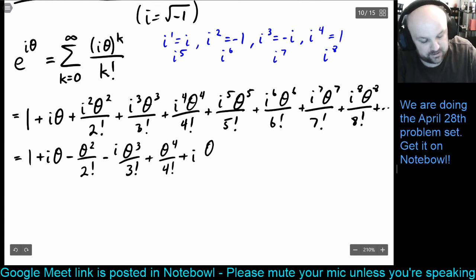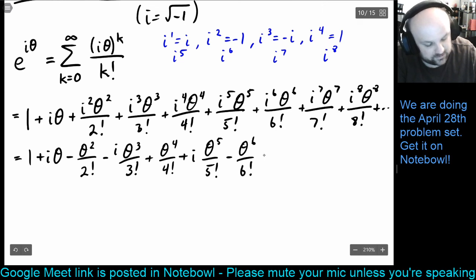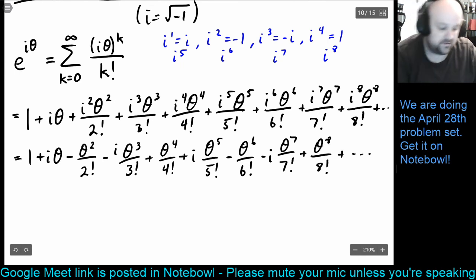Plus i theta to the 5th over 5 factorial. You can see where this is going. Minus theta to the 6th over 6 factorial, minus i theta to the 7 over 7 factorial, plus theta to the 8th over 8 factorial, and so on.